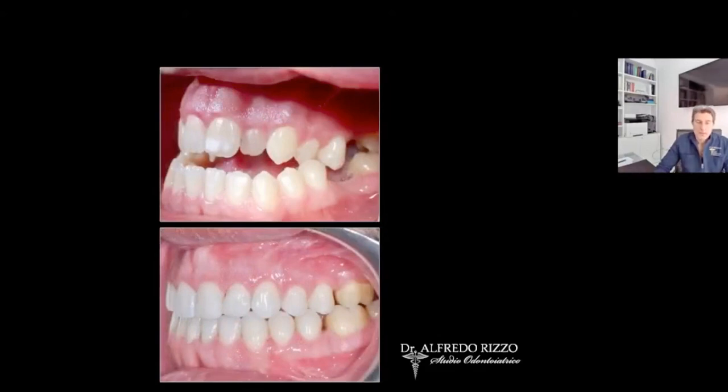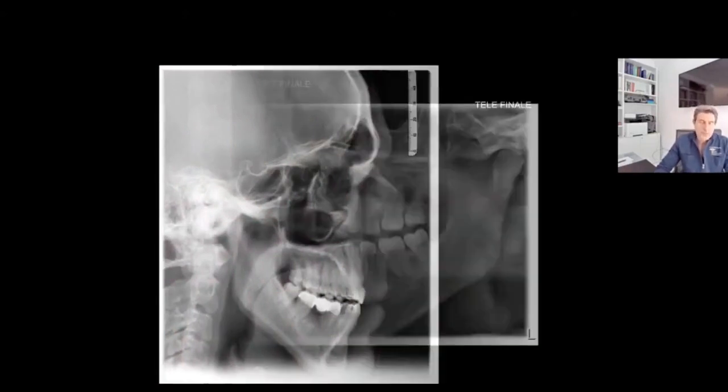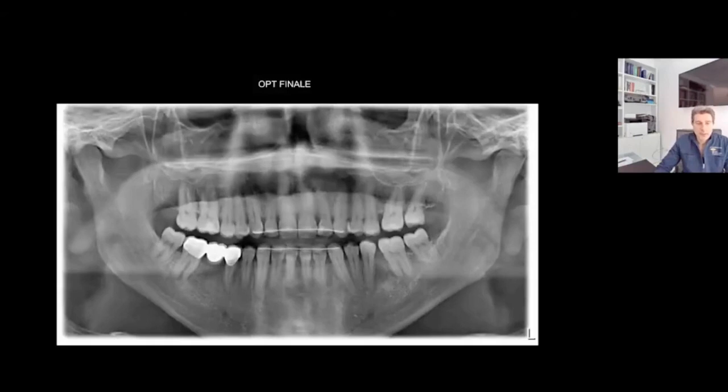We can assess the transformation with the improvement of the transverse volume of the upper jaw. This is our cephalometric scan and the panoramic X-ray, along with the facial photographs of the patient with a completely different profile.